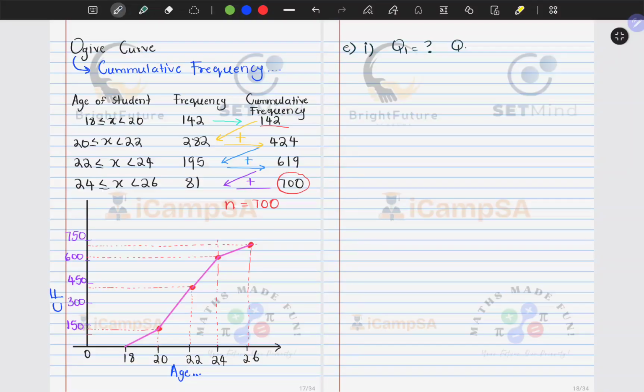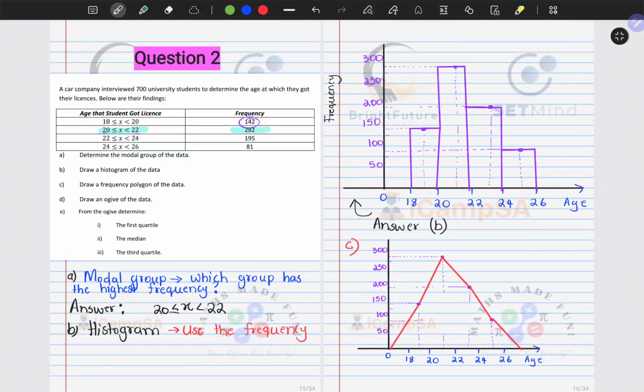So what I'm going to do is to quickly find the position of this. So remember, N is 700. So we have 700 plus 1. And that is going to be 701 divided by 4. So that becomes 175.25. Okay. So were they looking for the class here?